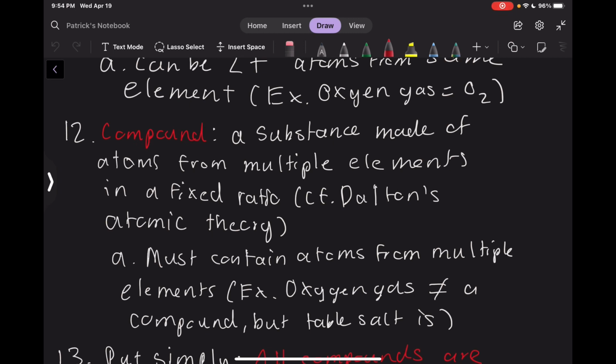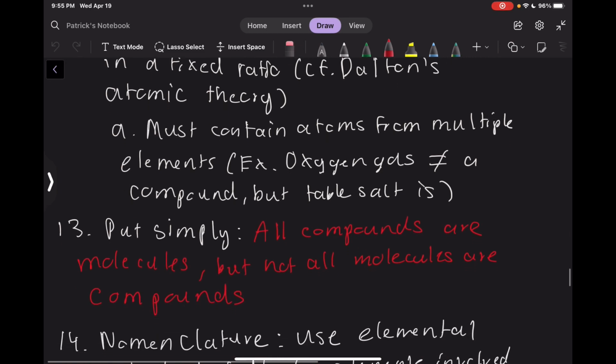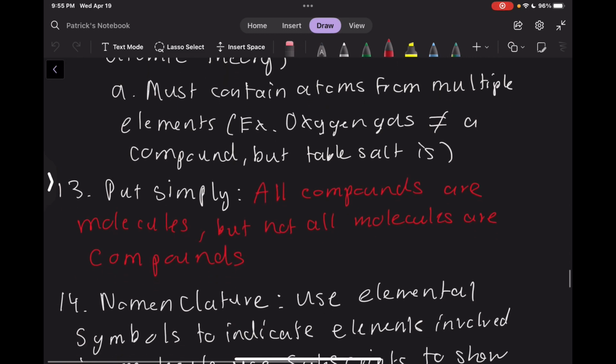If we were to add 3 oxygen atoms to table salt, we would get sodium chlorate, or NaClO3, which is a completely different compound. Table salt can only exist where there is 1 sodium atom fused with 1 chlorine atom. This will never change. In summary, all compounds are molecules, but not all molecules are compounds. This distinction can't be overstated, and in just a little bit, we will be working through an example problem to illustrate this.